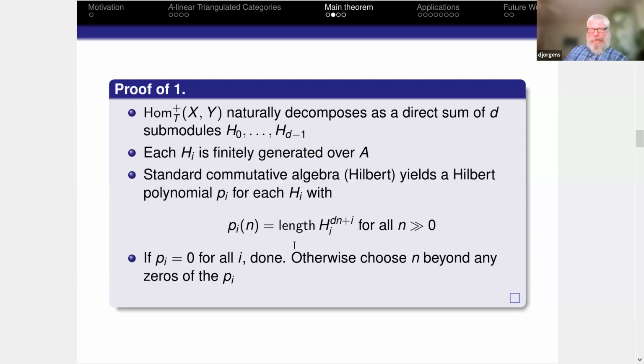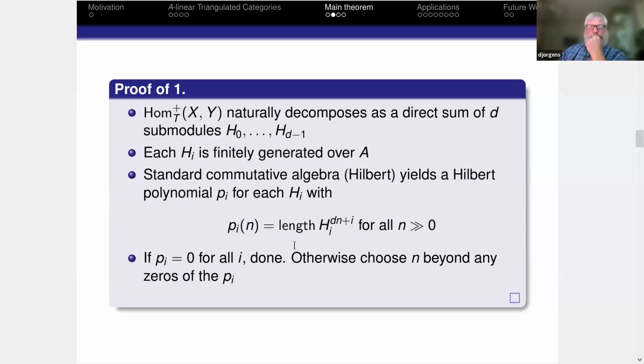Each of these submodules is finitely generated over A still. And so what you have is a finitely generated module over a commutative ring.